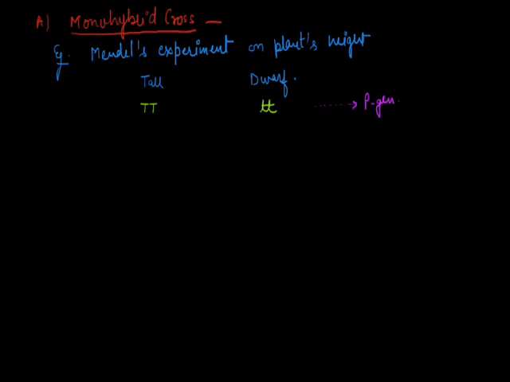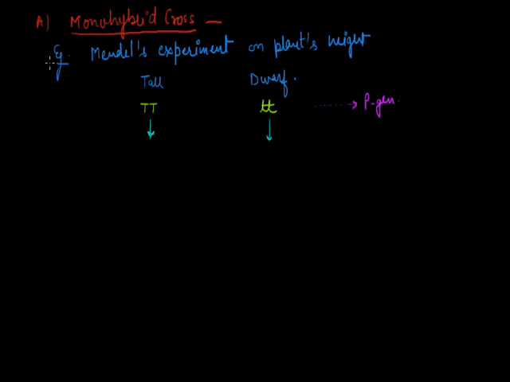In the next step, they will form gametes. During gametogenesis, both the T separate out from each other and ultimately we will get T kind of gamete.